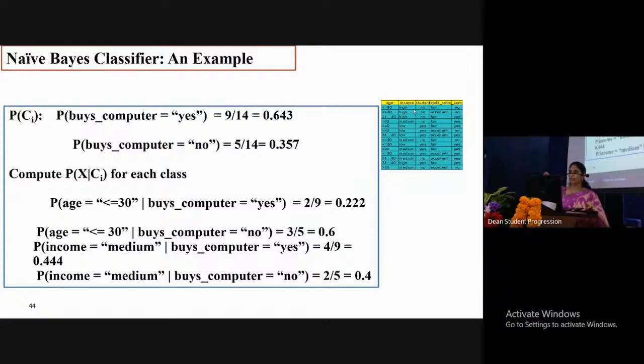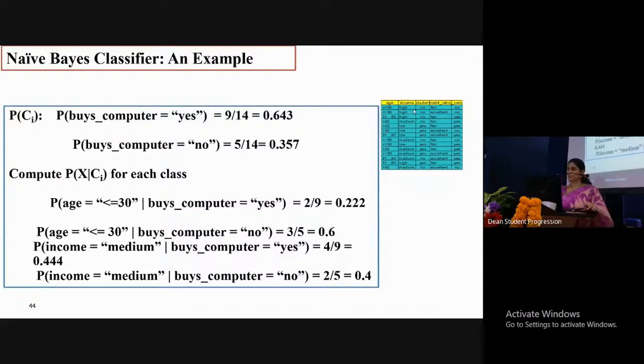The number of tuples taking the value yes is 9. Out of that 9, I have a total of 2 people who are age less than or equal to 30. Similarly, for age less than or equal to 30, how many of them are not going to buy the computer, that is, buys computer equal to no?